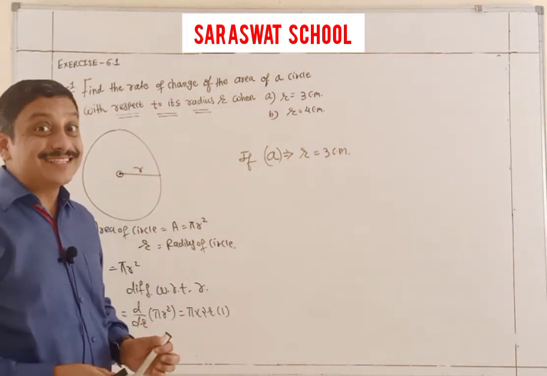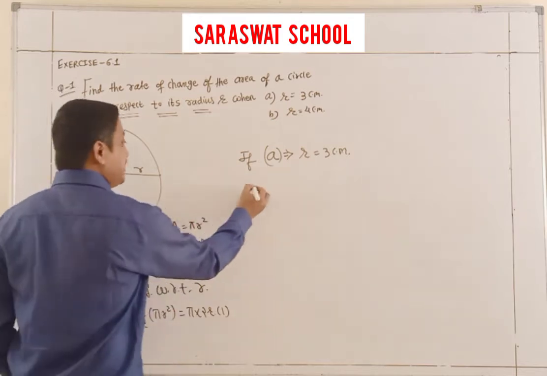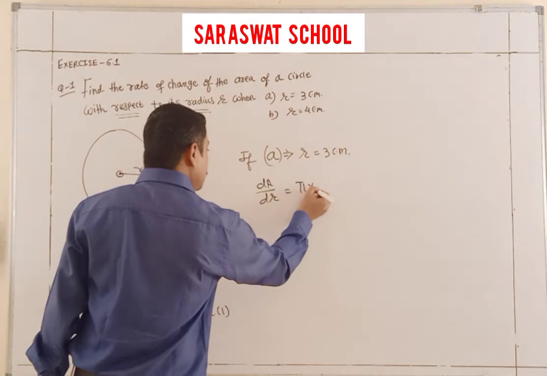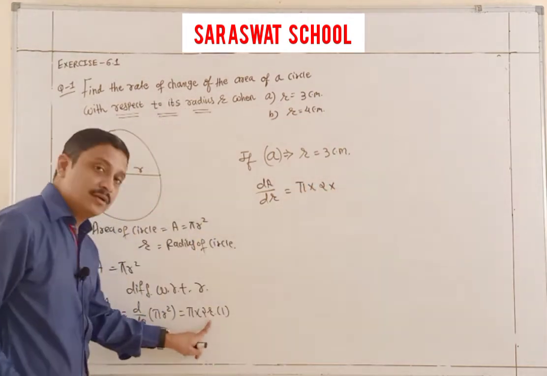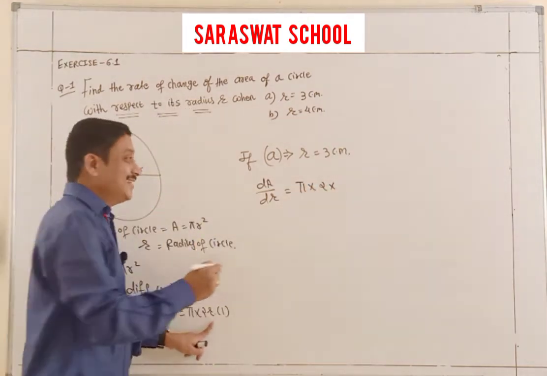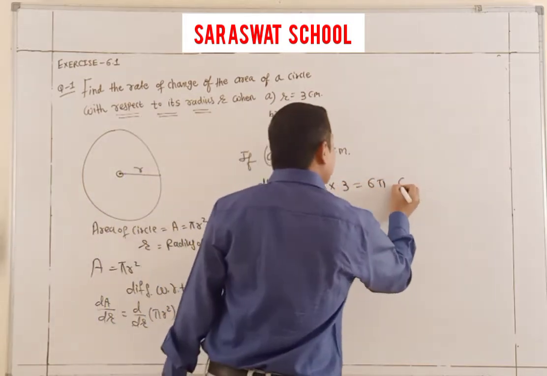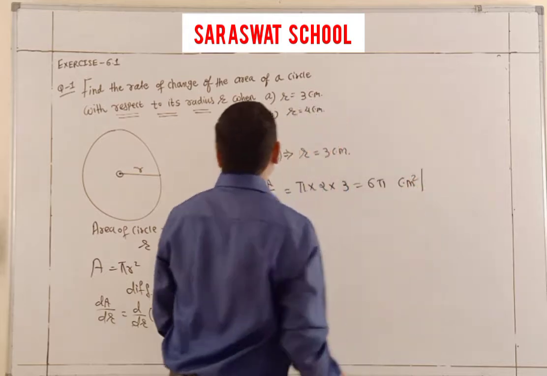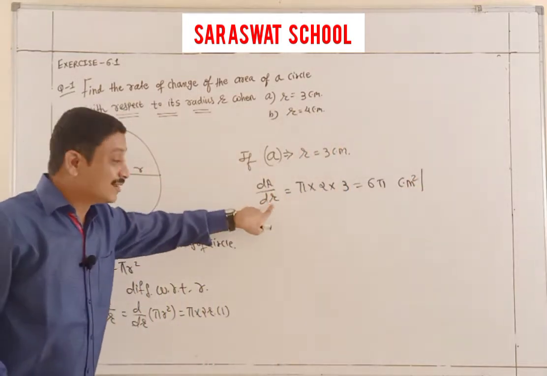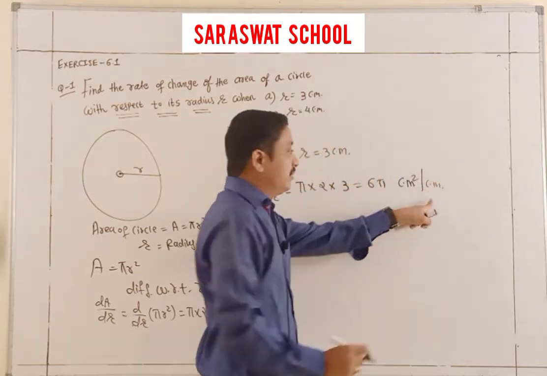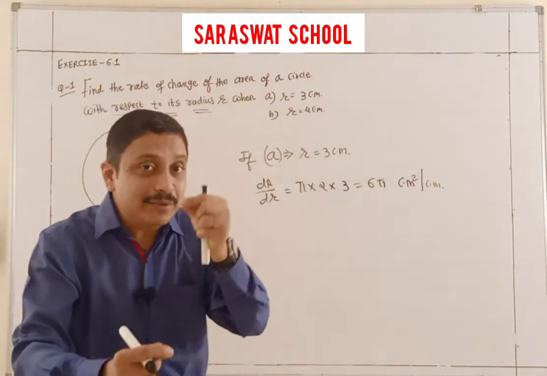Only the radius changes. Apply dA by dr, which is pi into 2 into r. I know r is 3, so it is 6 pi, unit area centimeter square per radius centimeter. You are not cancelling this centimeter in centimeter. The answer is centimeter square per centimeter.